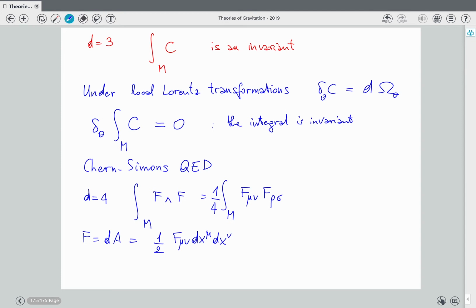And I recall that dx^μ dx^ν dx^ρ dx^σ is equal to ε^μνρσ d^4x. So here you can write ε^μνρσ d^4x.